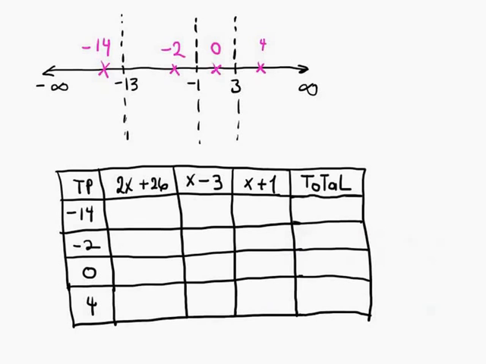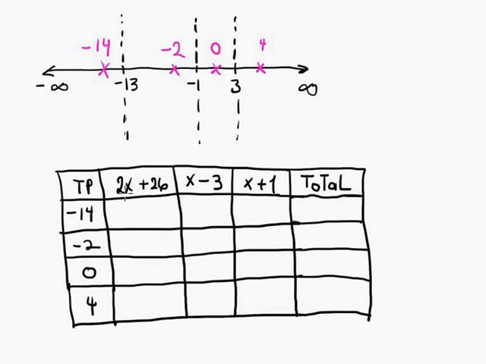Okay, let's continue on question 20. We are doing the partition. We select the testing point and we create the changing sign chart. In this case you evaluate, for example, here negative 14 in this expression.